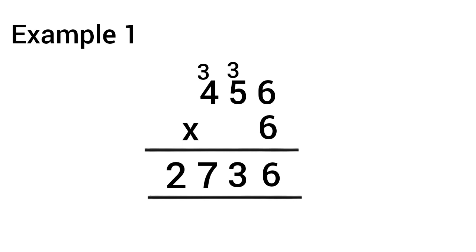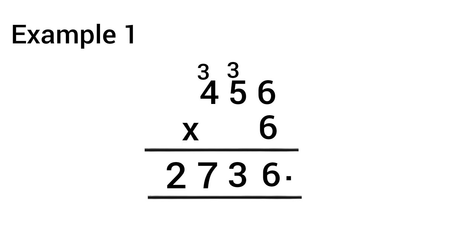Next, we are going to put our decimal point in the answer. Remember that every whole number has a decimal point, 0, at the end of the number. Every whole number has 0 at the end, invisible 0, right? So the decimal point is at the end of this number. We are going to start from the end of the number and count.